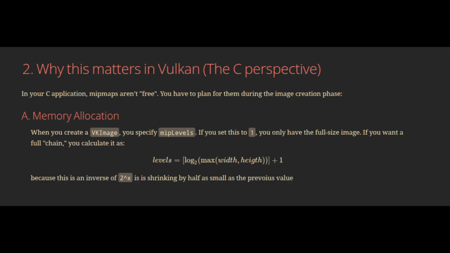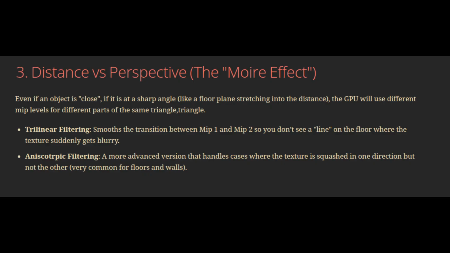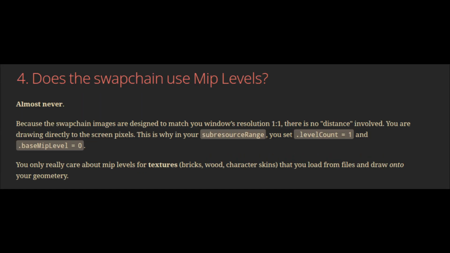You have to plan for them during the image creation phase. And then there's a little calculation that tells you how the MIP map level is determined. And this is just a brief explanation on trilinear and anisotropic filtering. And swap chain doesn't normally use MIP levels because the image is meant to match your window one-to-one, so it wouldn't really make sense to use MIP levels in the swap chain.